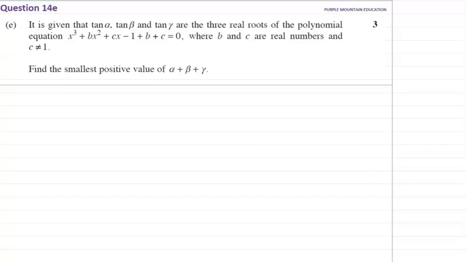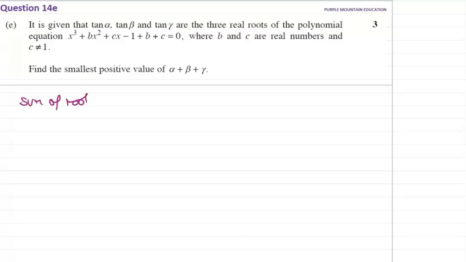Question 14e, it is given that tan alpha, tan beta and tan gamma are the three real roots of a polynomial equation as shown, where b and c are real numbers and c is not 1. Find the smallest positive value of alpha plus beta plus gamma. Pause here to try yourself. All right, let's first of all get our equations.